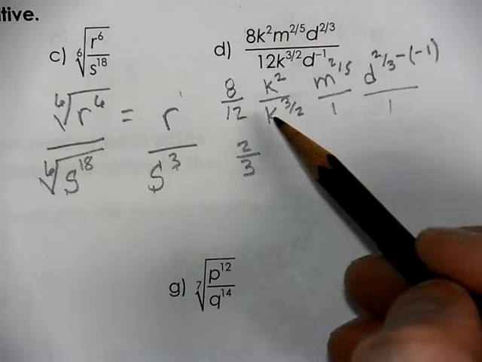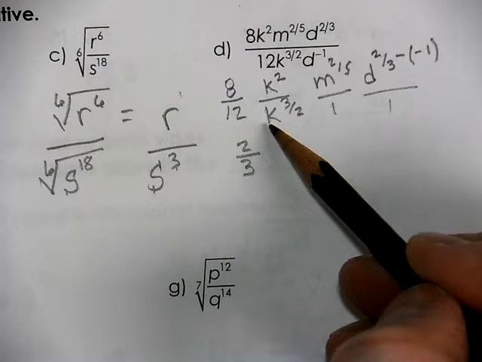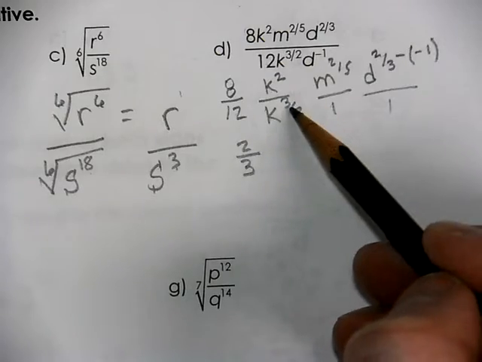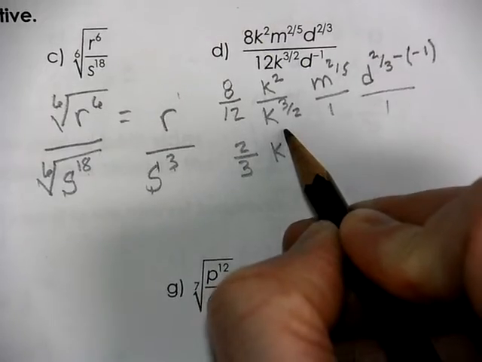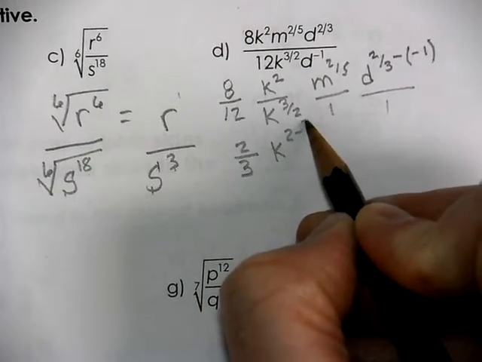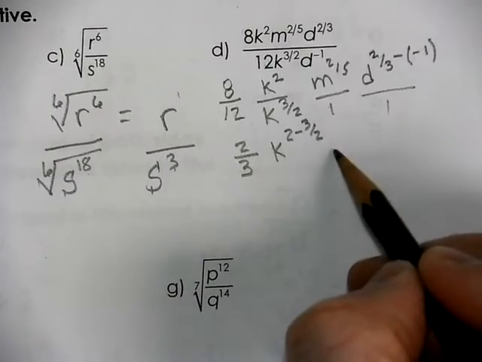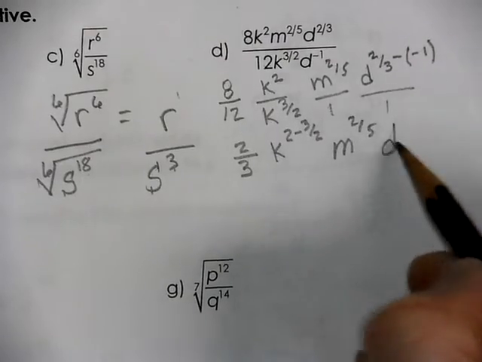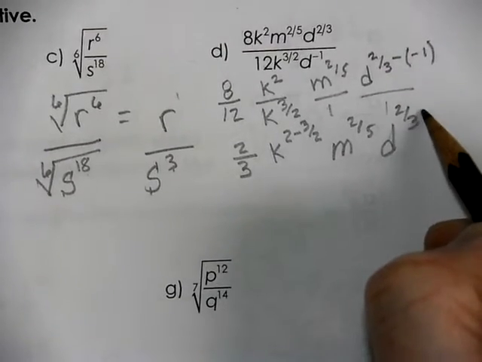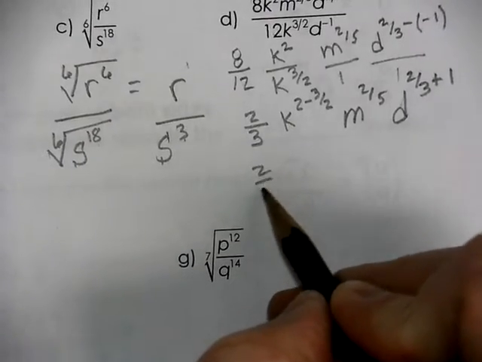When you have the same base, we are going to subtract exponents. Nothing to do with the m. And here we're going to say d to the 2/3 plus 1. So that gives us 2/3.